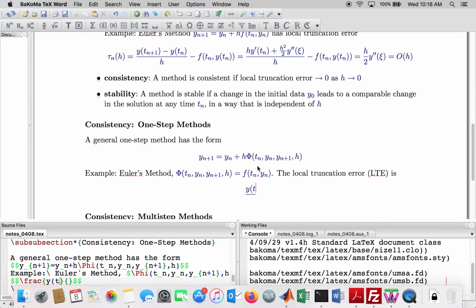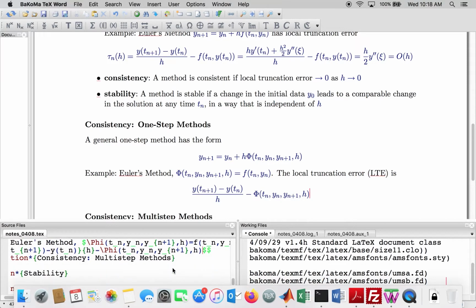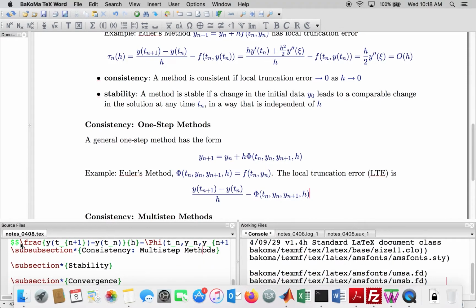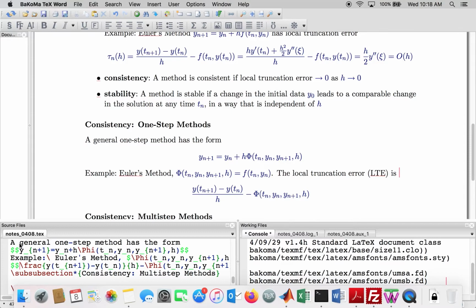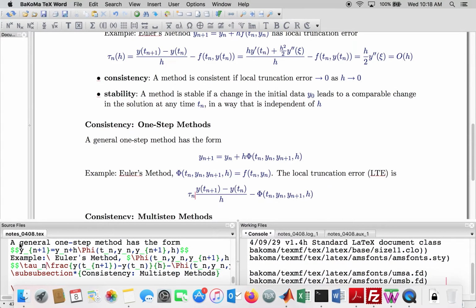So y of t n plus 1 minus y of t n over h minus this phi. Okay, so this is what I'll refer to as tau n of h for the local truncation error.